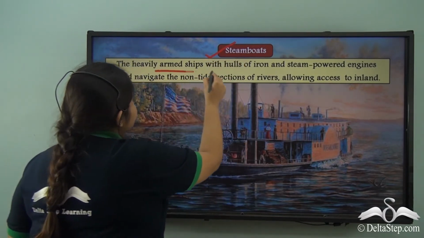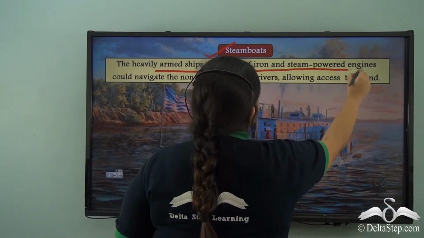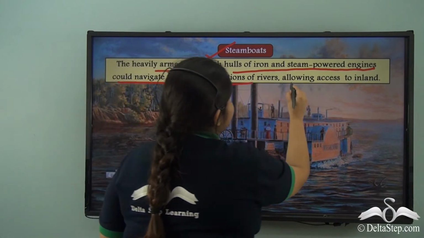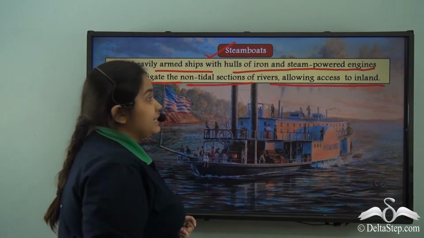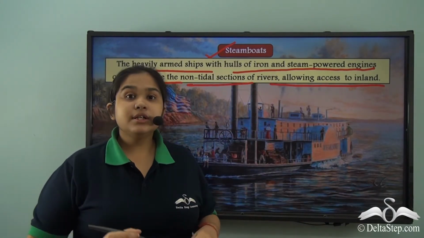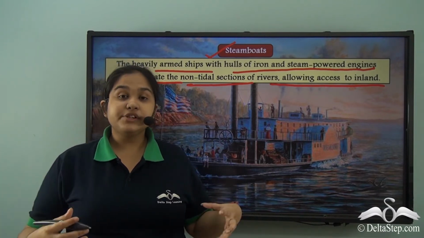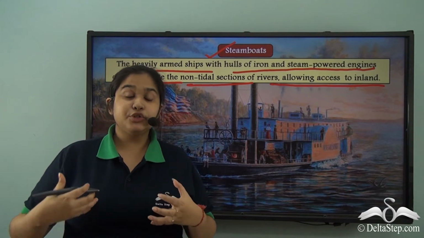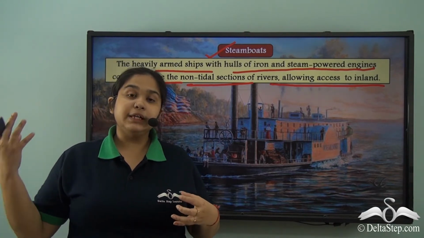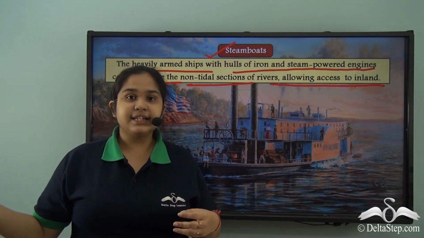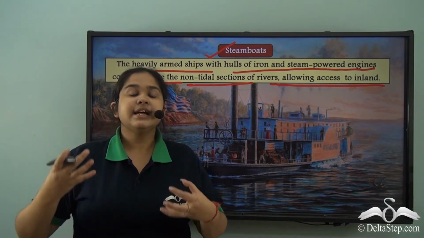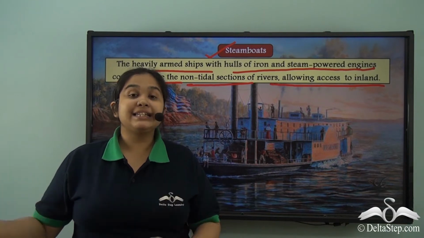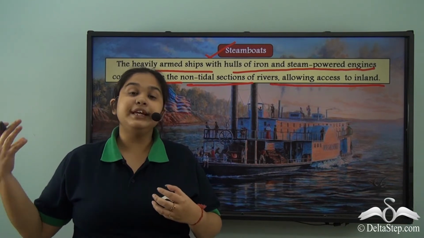The armed ships with hulls of iron and steam-powered engines could navigate the non-tidal sections of the rivers, allowing access to the inland. In order to gain and procure raw materials from the colonial markets and to deal with the colonial subjects, it was important for these colonizers, these European powers, to be able to access the inlands of the colonies.